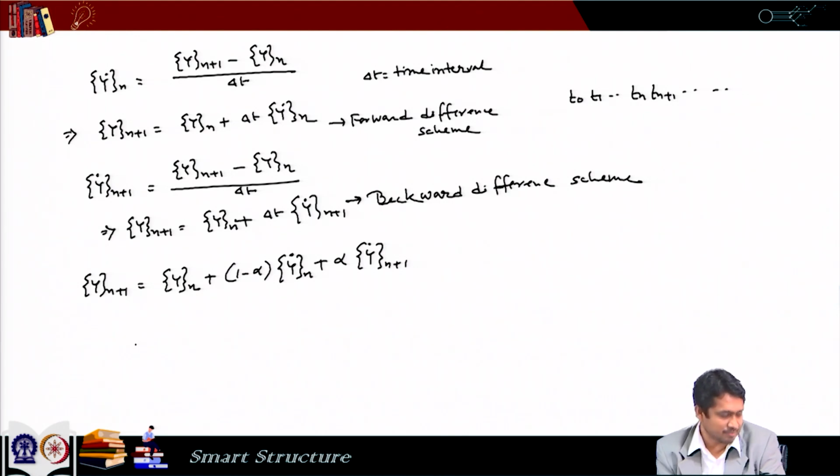Now, we have to do the time marching from here. Suppose we want to find the solution at Tn plus 1. If we know the solutions before that, then we can make use of these expressions and find the solution. Suppose we are doing it using the forward difference scheme.